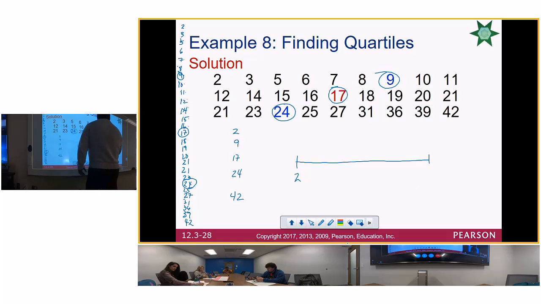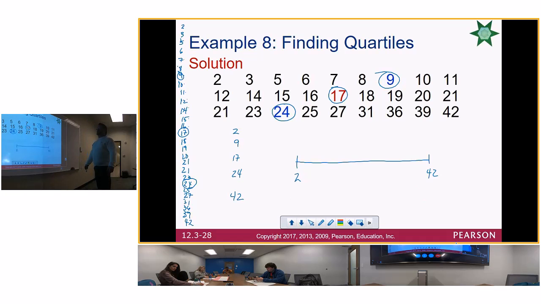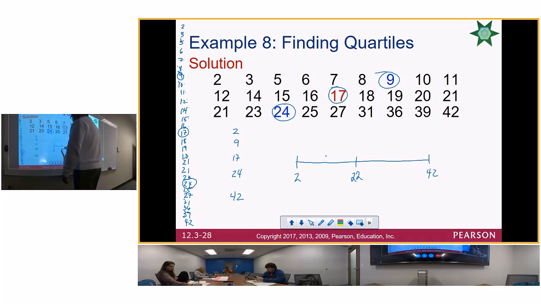2, 42. 42 plus 2 is 44. Half of 44 is what? 22. 2 to 22 is 20. Half of 20 is 10. 10 plus 2 is 12. 10 plus 22 is what? 32. Half of 10 is 5, so that's 7, 17, 27, and 37.